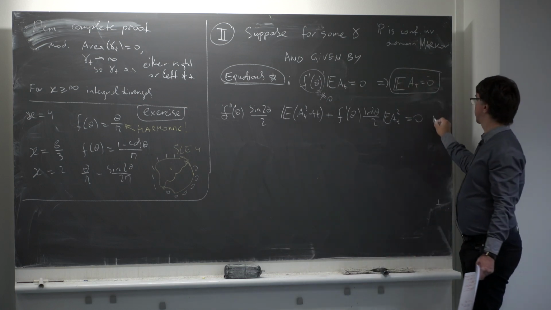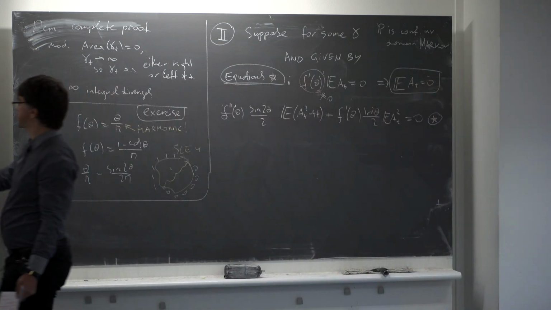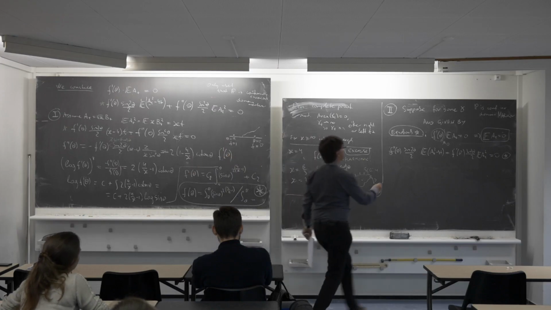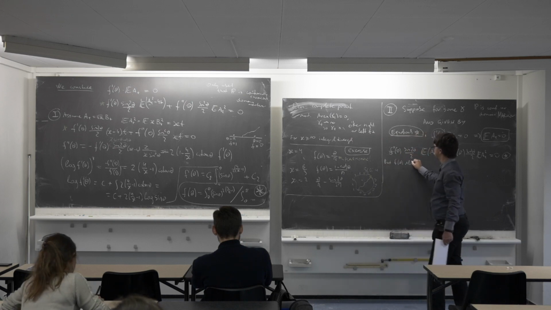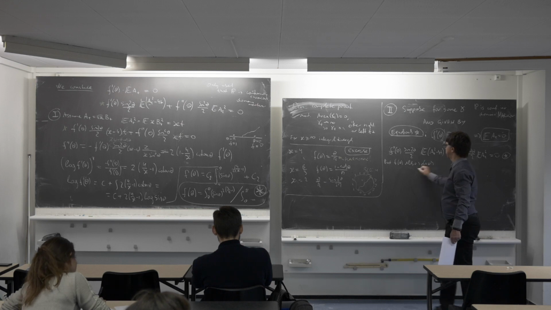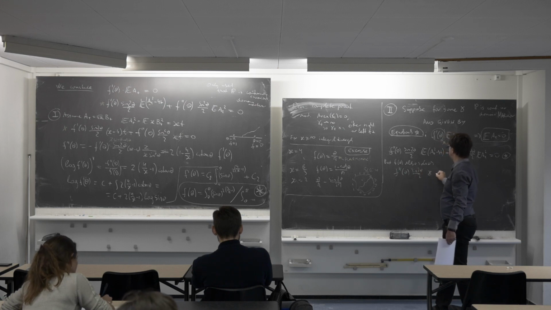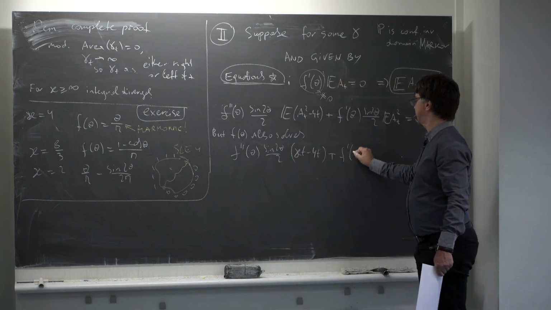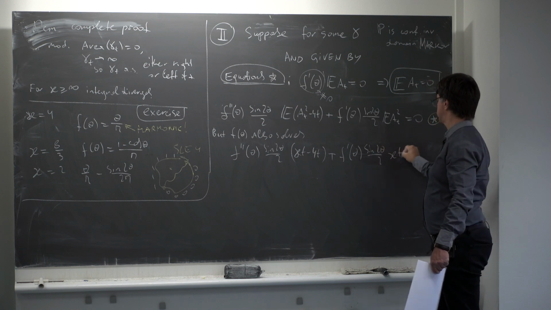So that's the equation star. But our function also solves this equation. So our function is a solution of this equation. But f of theta also solves the equation f prime theta sine twice theta over 2 kappa t minus 4t plus f prime theta sine twice theta over 2 kappa t is equal to 0.